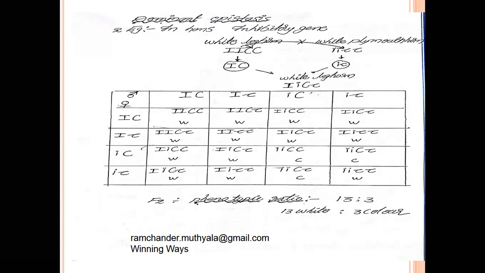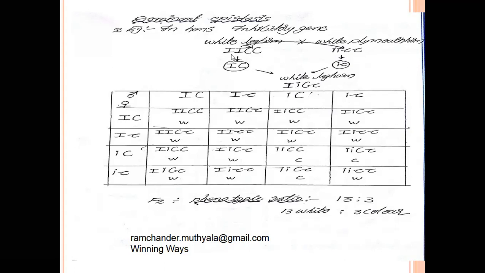The F1 hens express white leghorn color, but are in heterozygous condition. See here, capital I is in heterozygous condition, meaning capital I combines with small i.